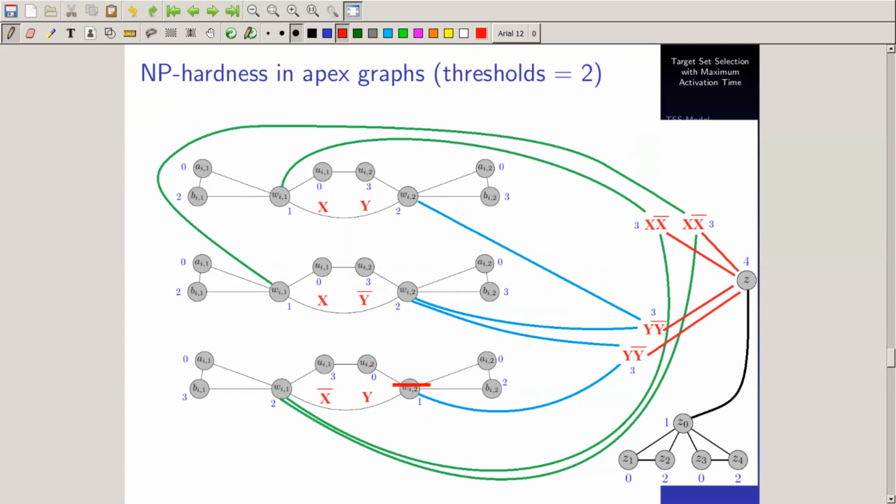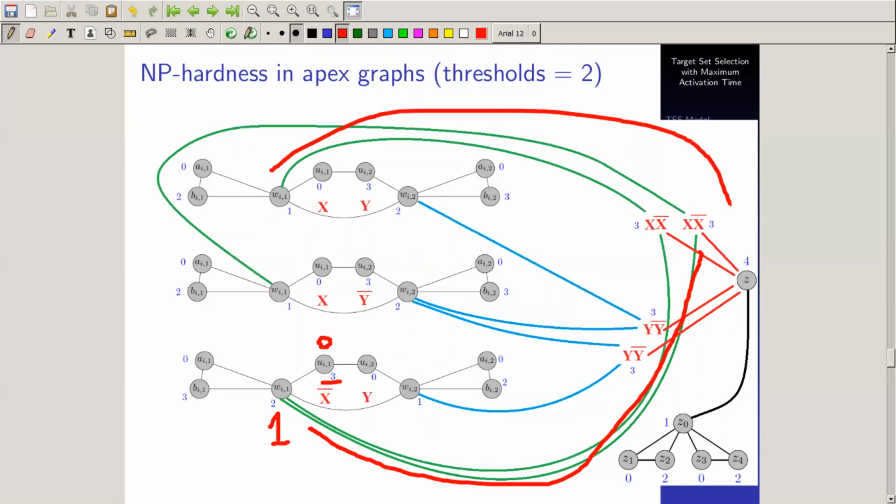But if we chose this vertex 0, for example, at time 0 activated at the beginning, we would have time 1 here, and then this vertex with this vertex, we would have time 2 in this vertex x y bar, and then z would be activated at time 3.